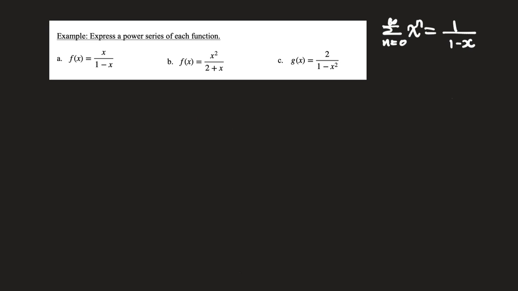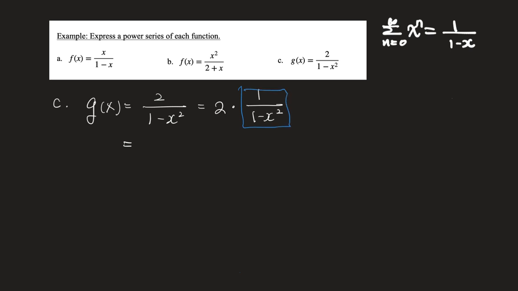Let's do it together. Go to C. C is going to be g of x equals 2 over 1 minus x squared. This one is 2 times 1 over 1 minus x squared. But we already found the power series of 1 over 1 minus x squared, so we're going to reuse it. 2 times summation n equals 0 to infinity negative 1 to the n, x to the 2n. You found it, right?